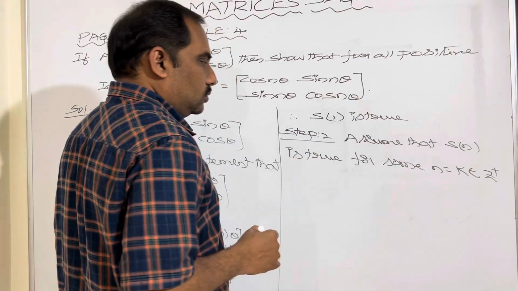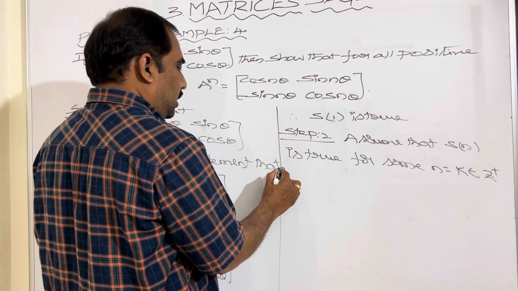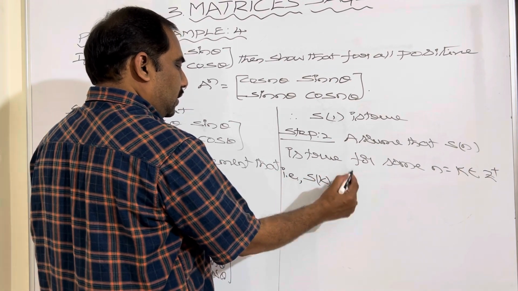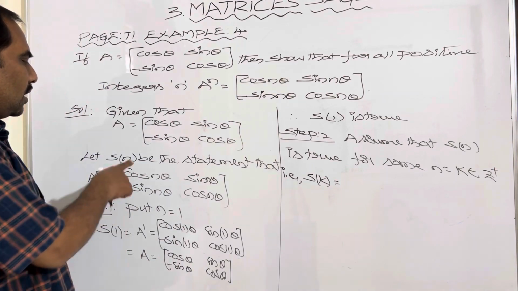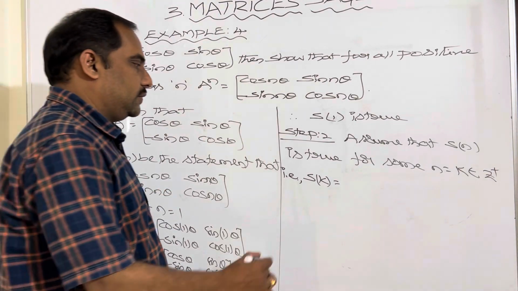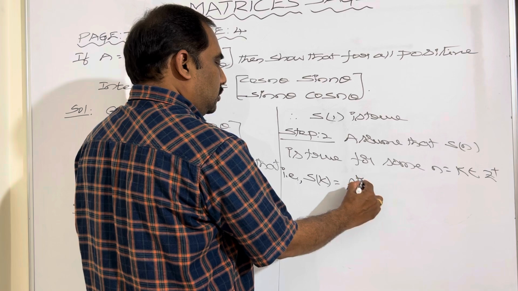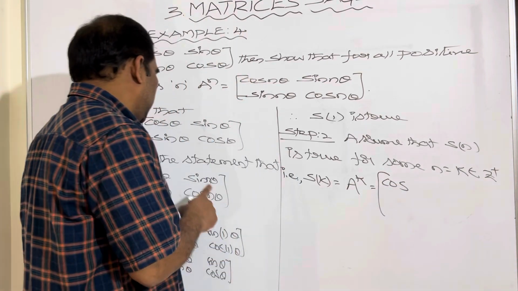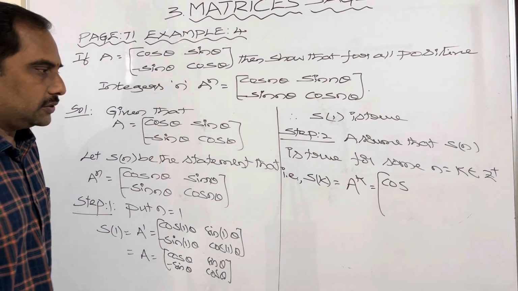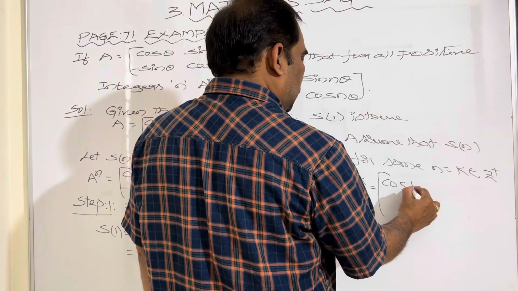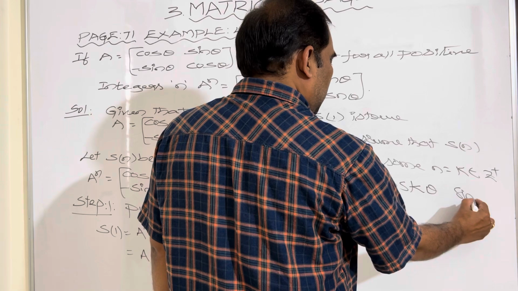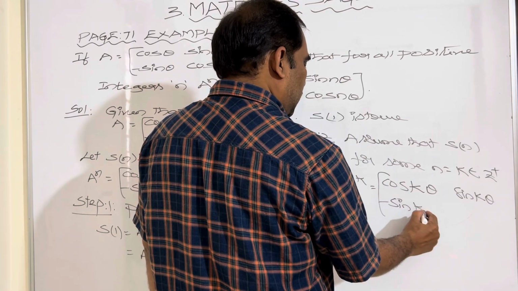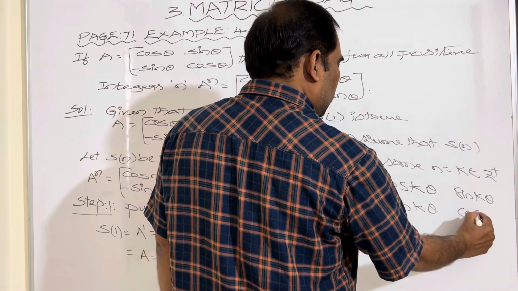So what we have to do now in step 2? The meaning of this is S of k is the matrix A to the power of k is equal to, replacing n by k in the A to the power of n matrix, cos k theta, sin k theta, minus sin k theta, cos k theta.